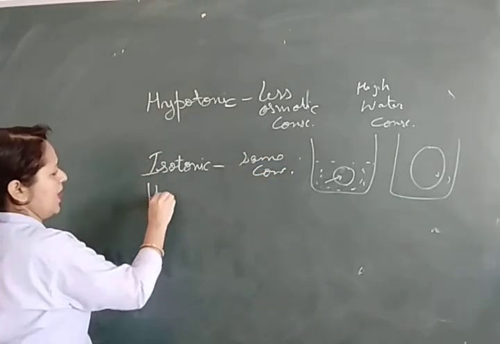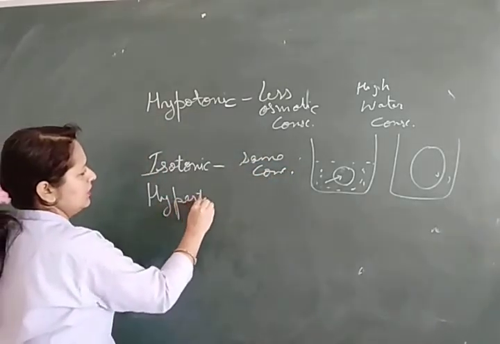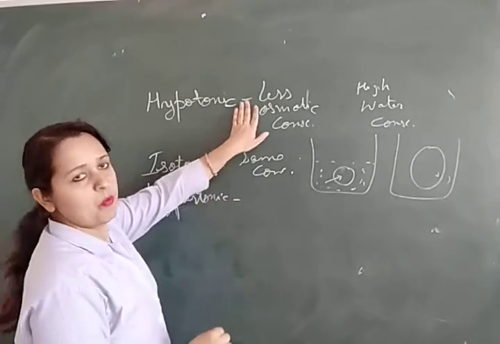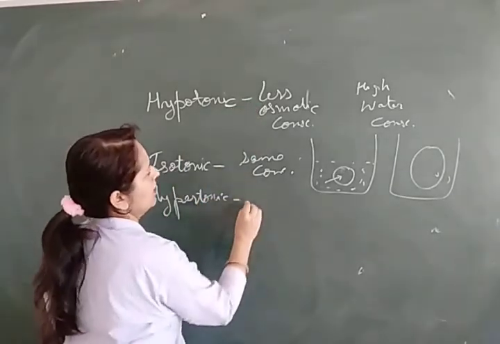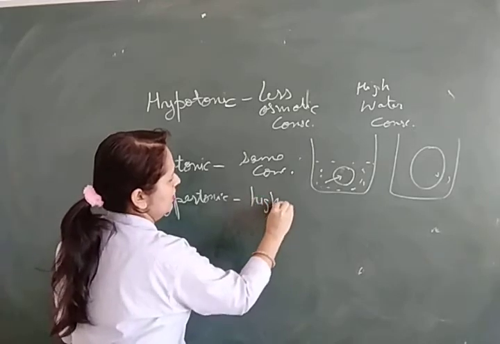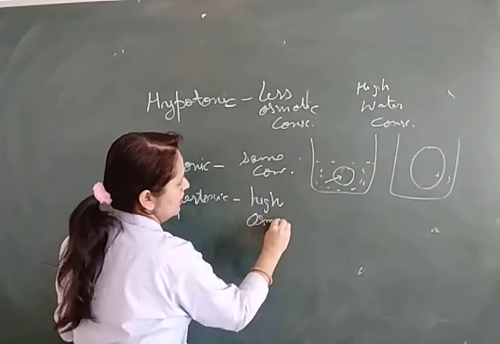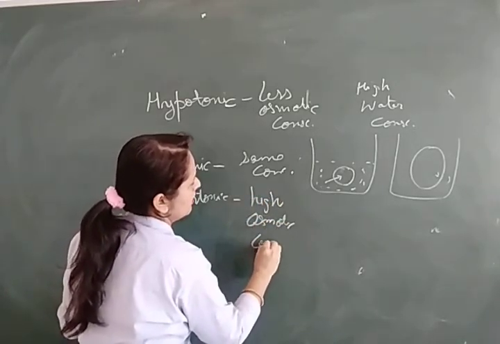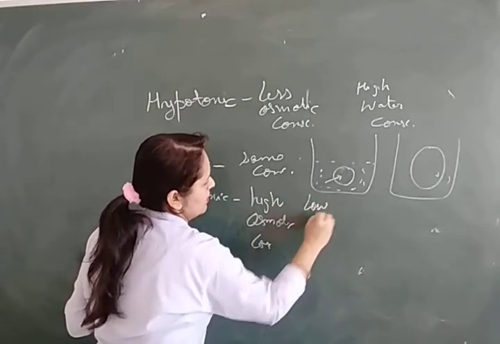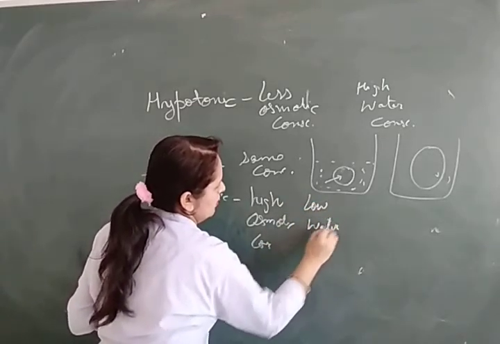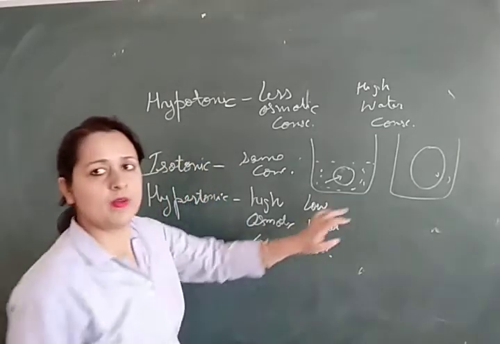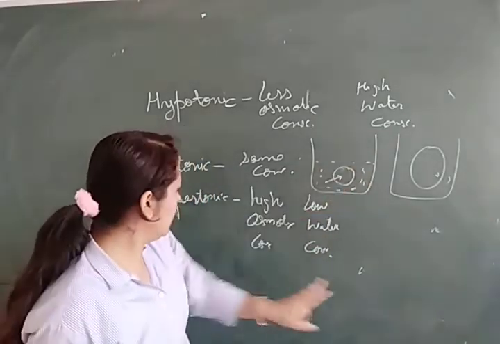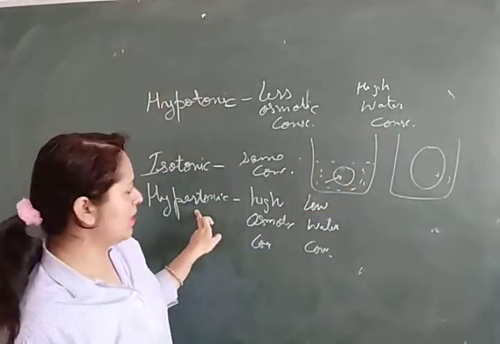Now last we have hypertonic. Hypertonic is just the opposite of hypotonic. It has high osmotic concentration and low water concentration. So again we place the cell in a hypertonic solution, then what happens?